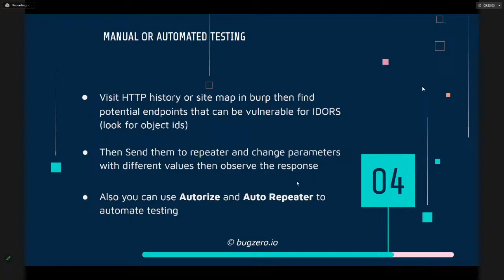Based on that, you can go further, changing it further, until you hit something. Also, if you're automating a process, which I'm not really doing that much of, you can use something called Autorize and Auto Repeater to automate some of the IDOR testing.